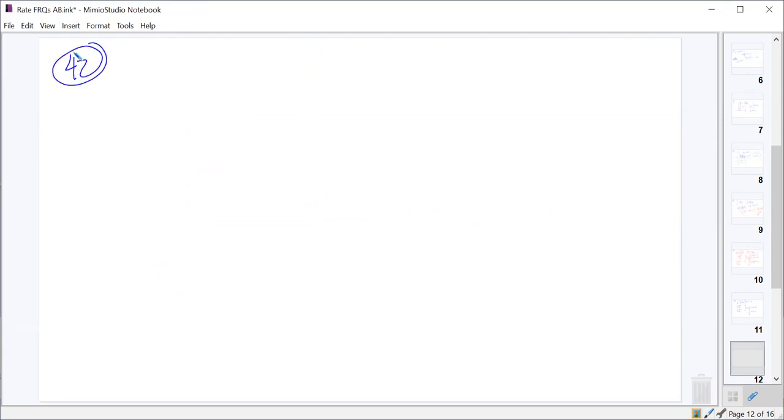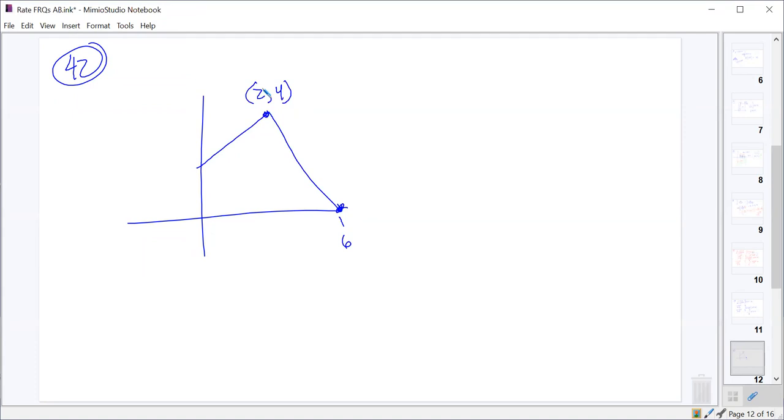Number 42, we're looking at a graph that was given to us. So this was at 6, and this is the point 2, 4, and this is the point 0, 2.